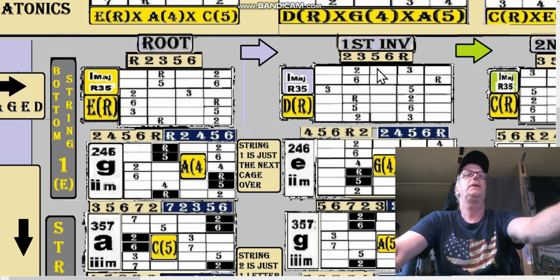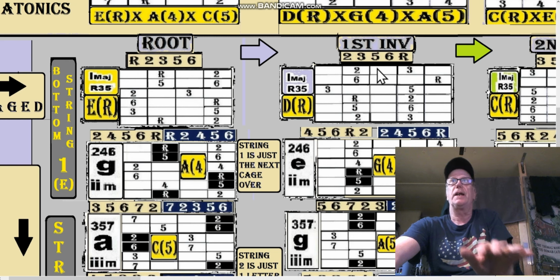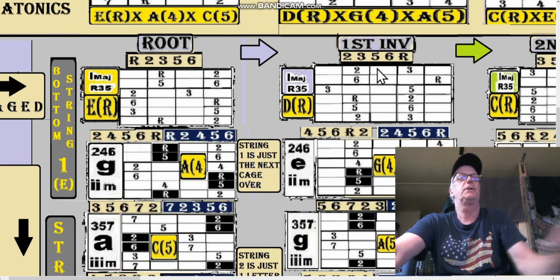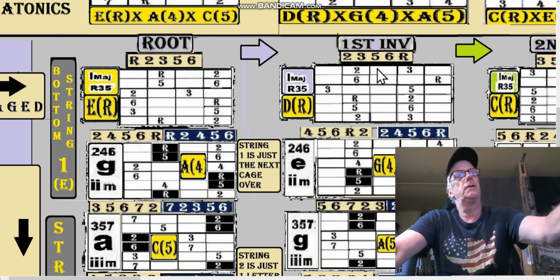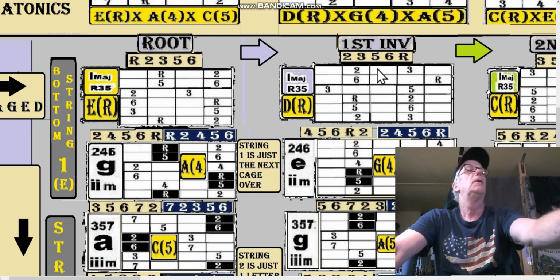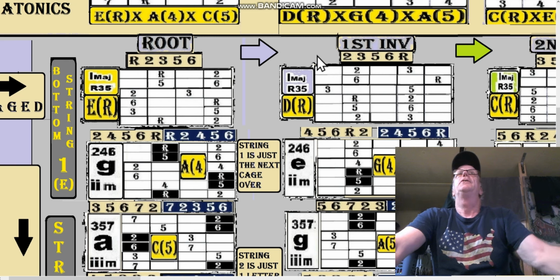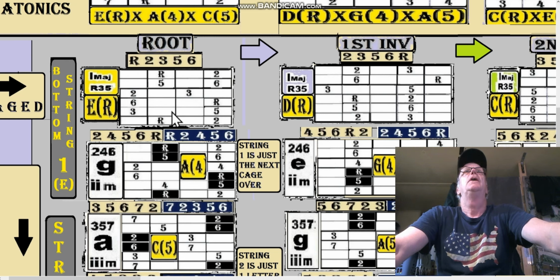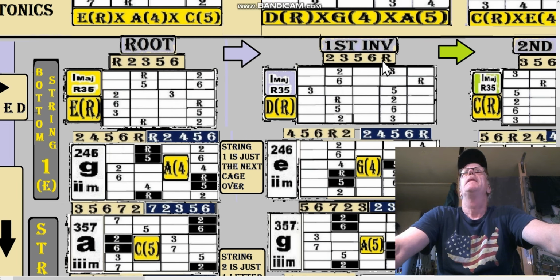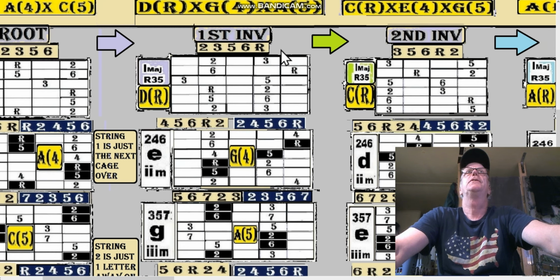Now notice, you can see my hands, they're like this. This is a strange shaped thing. We're doing an inversion of the Ionian pentatonic scale. So this is first inversion, just going to the 2.